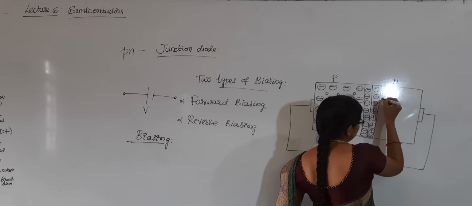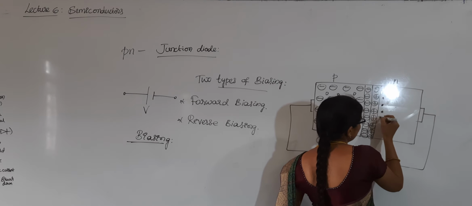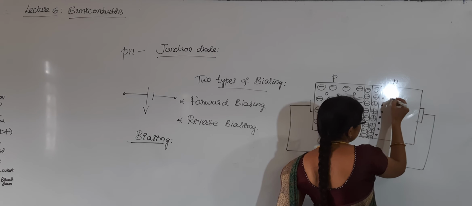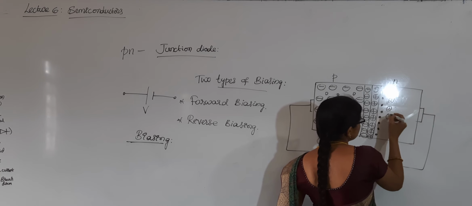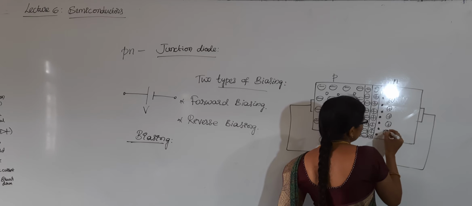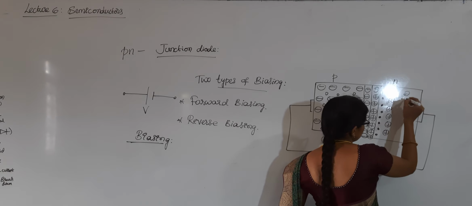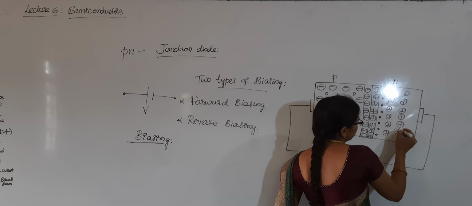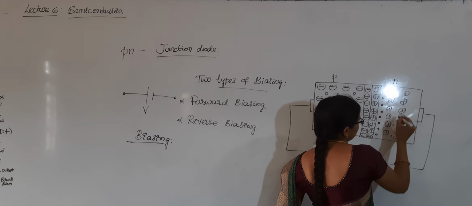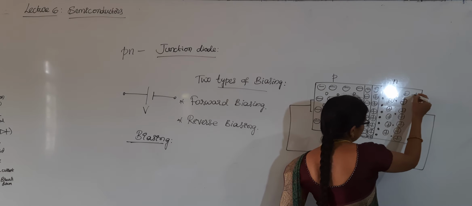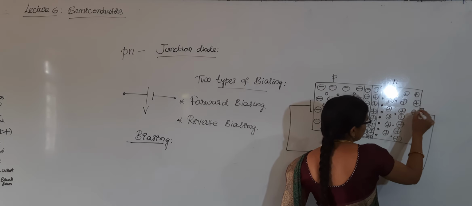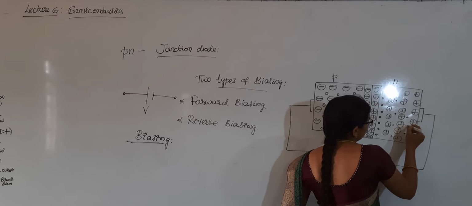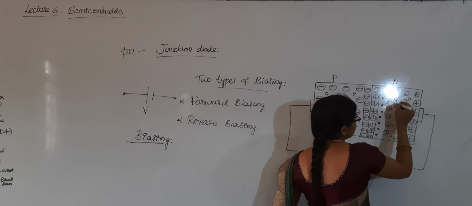And in the N region we have majority charge carriers as electrons. That means you can see more electrons and positively charged immobile ions, and there are some minority charge carriers, those are holes.